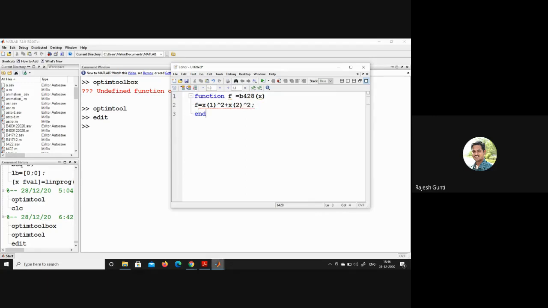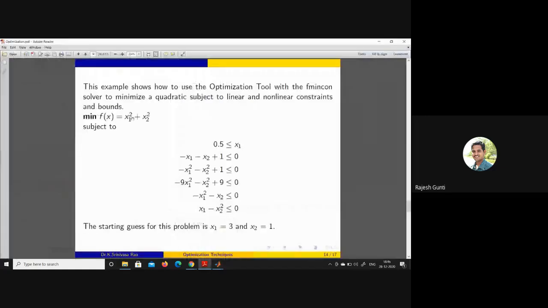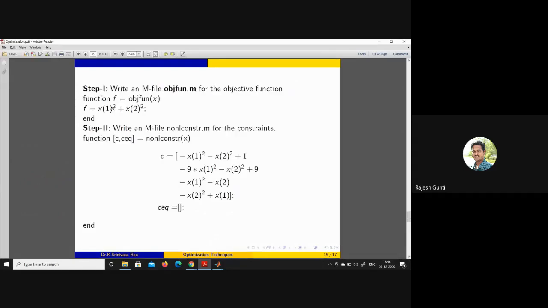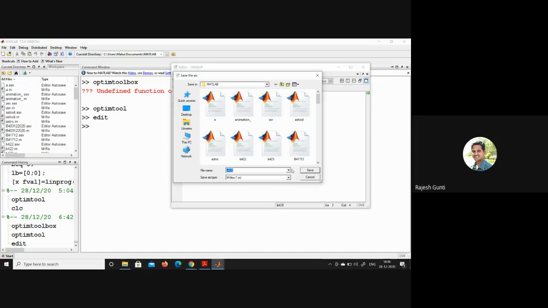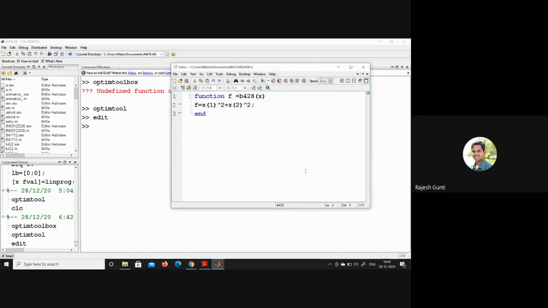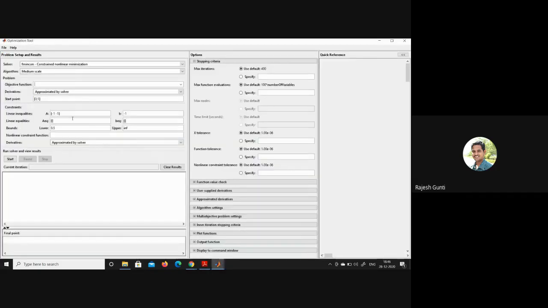That is the M file. B428 is our objective function, and that we have to mention here with the at sign: at the rate of B428.